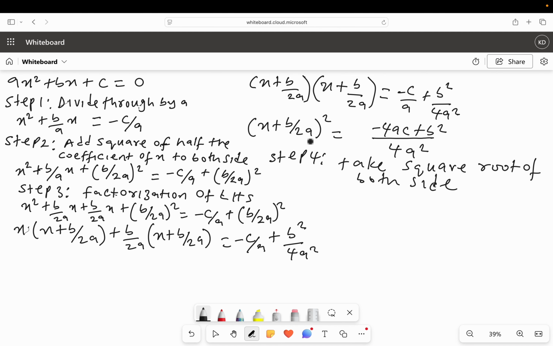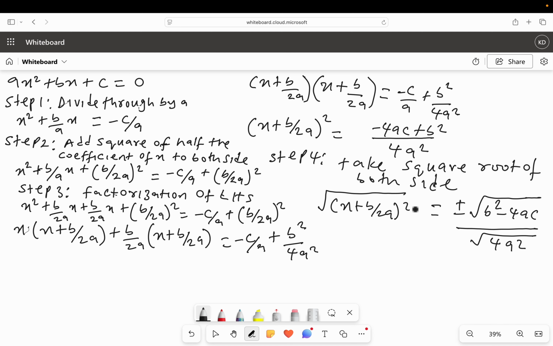So the next step is to take the square root of both sides, and if I do that, I will have this. So this square will cancel this square root. So I will have x plus b over 2a is just plus or minus square root of b squared minus 4ac. So square root of 4a squared is just 2a.